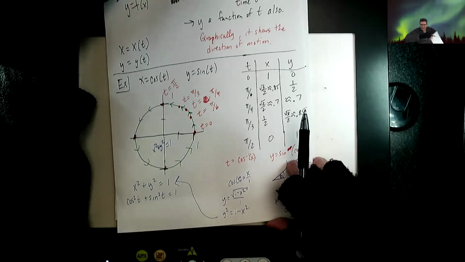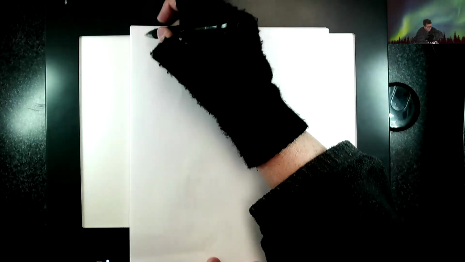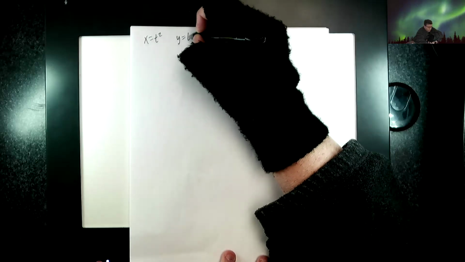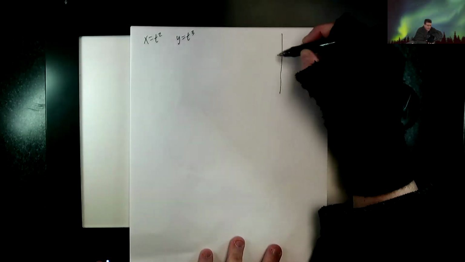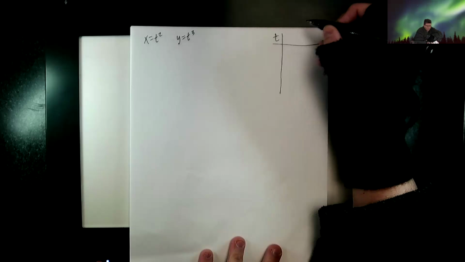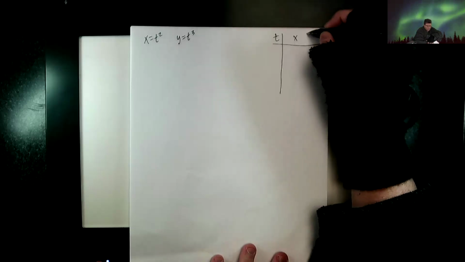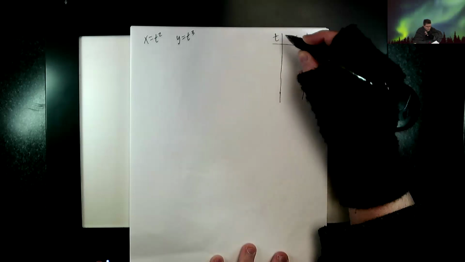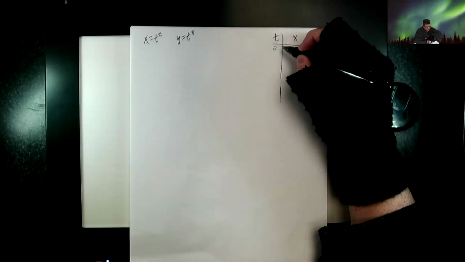All right, let's look at another one. Let's do x equals t squared and y equals t cubed. I'll make a little table. I'm going to do 0.